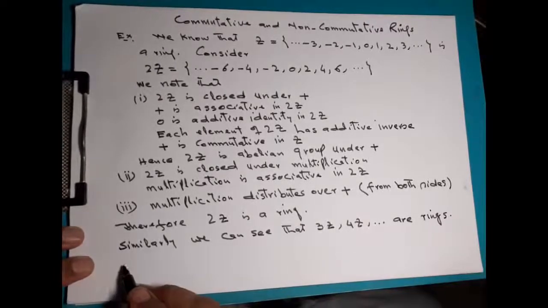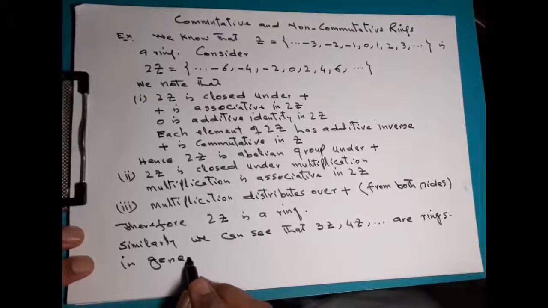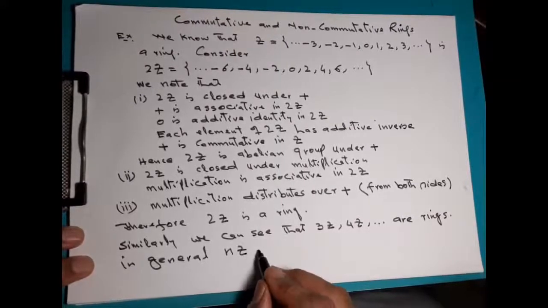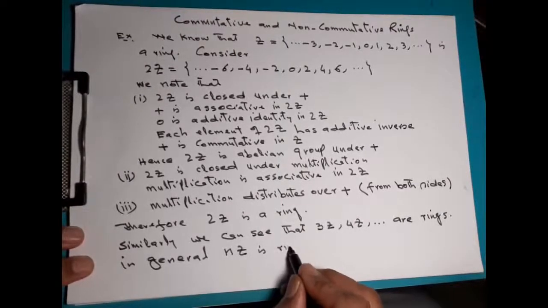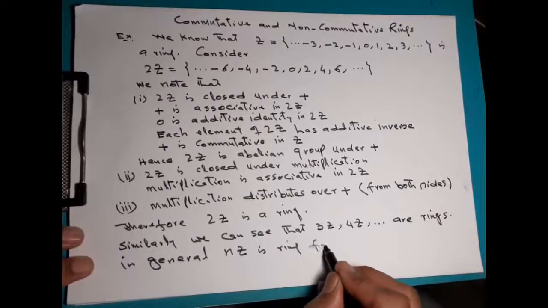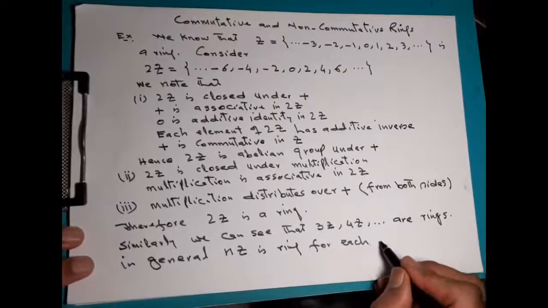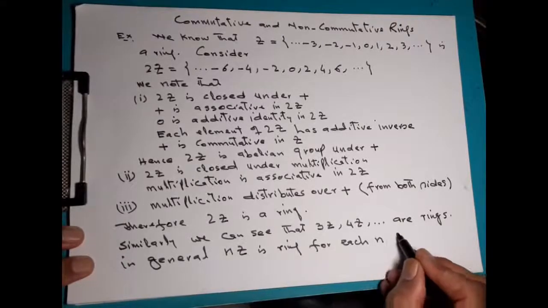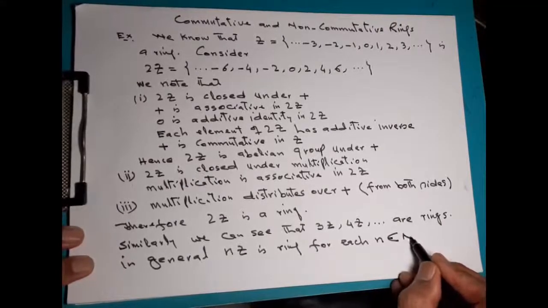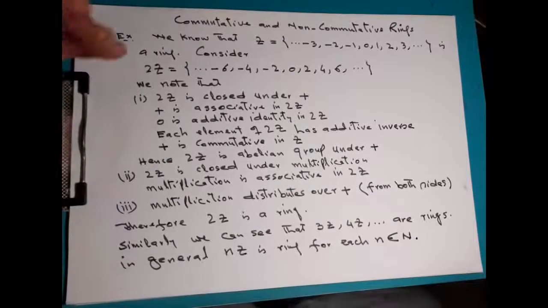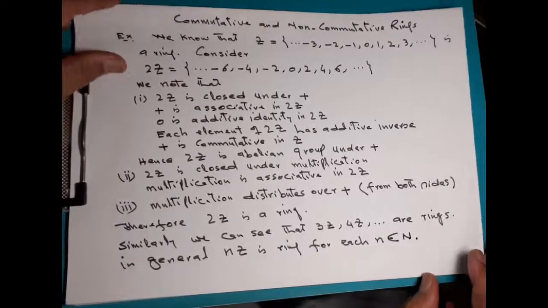In fact, in general, nZ is a ring for each natural number n, for each n belonging to the set of natural numbers. So we got another class of rings.